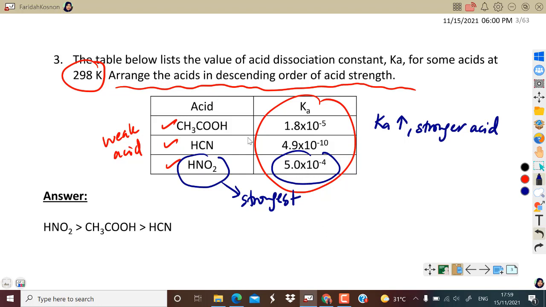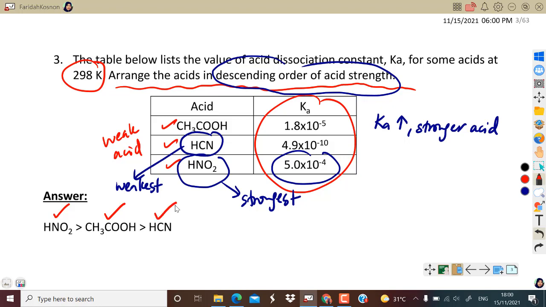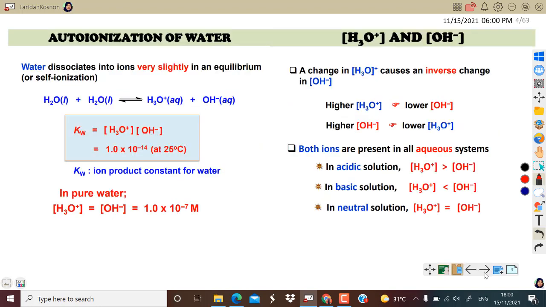And the weakest acid goes to hydrocyanic acid. Macam mana tahu? Kita tengok dia punya nilai Ka. So, because the question asks you to arrange in the descending order of acid strength, so this is the answer. The strongest acid goes to nitrous acid, followed by acetic acid or ethanoic acid, and the weakest acid goes to hydrocyanic acid. Okay, next question.